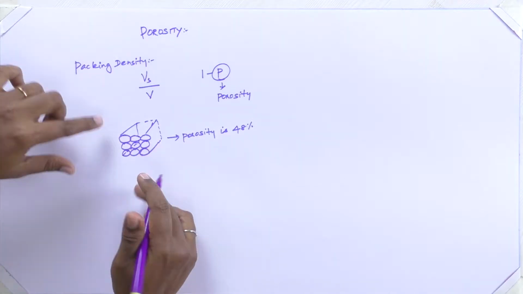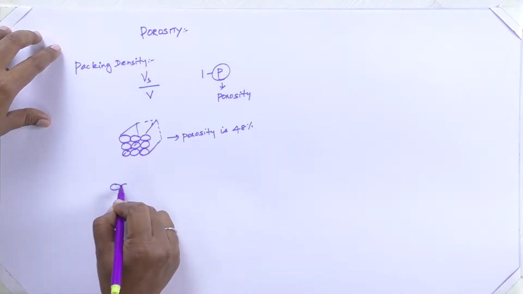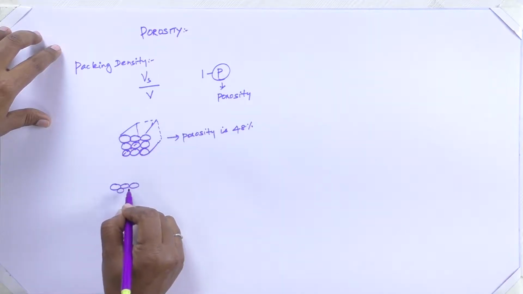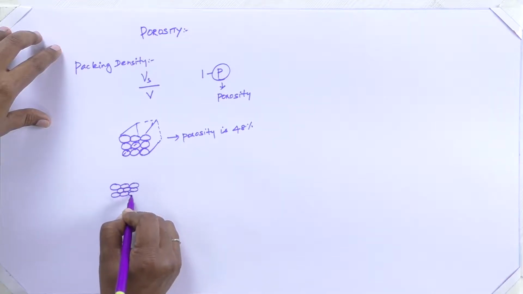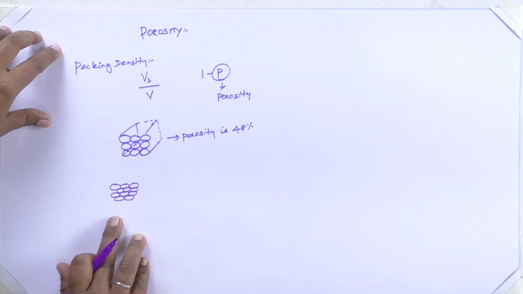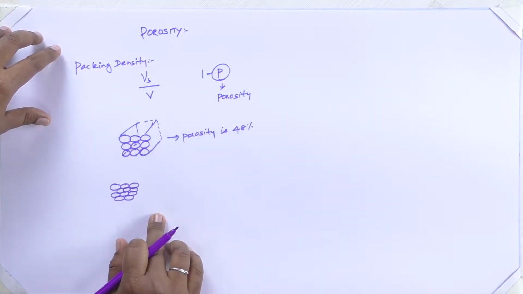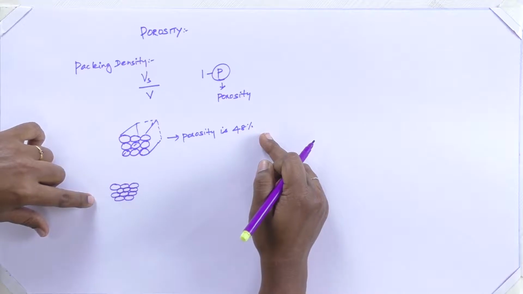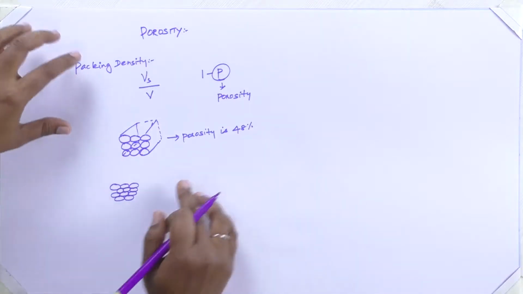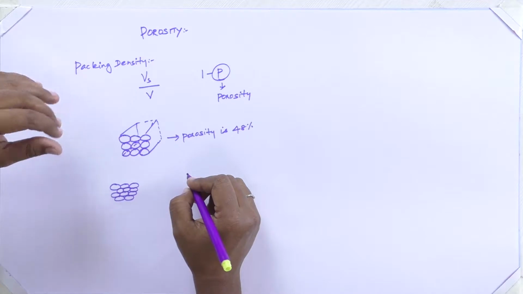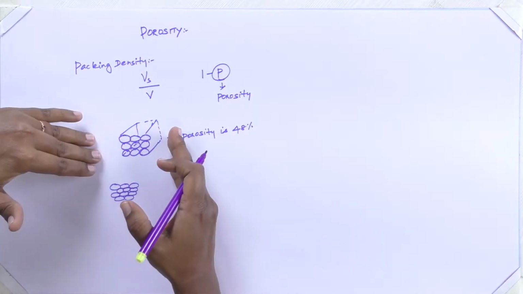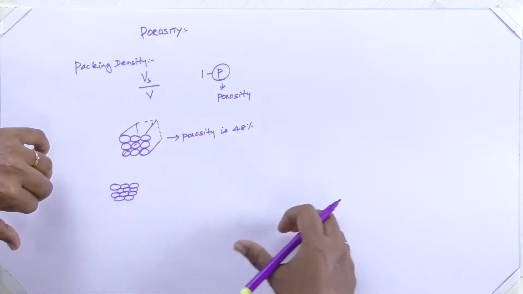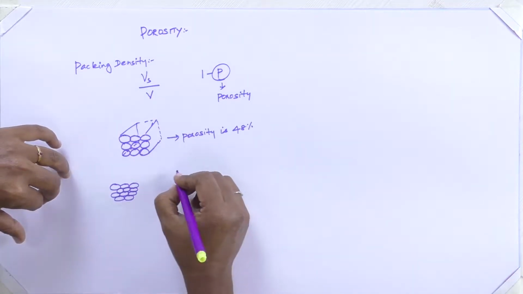If the same particles are packed like this, then this will have a different porosity compared to the simple cubic packing system. The packing density of a single sized aggregate based on simple cubic, body centered or face centered packing will vary.